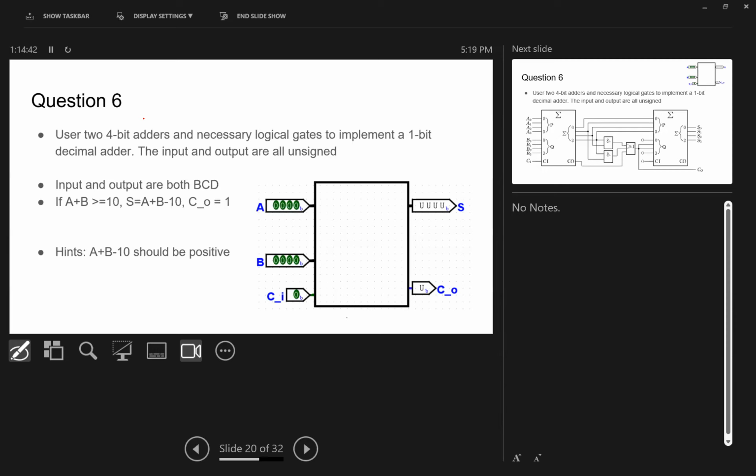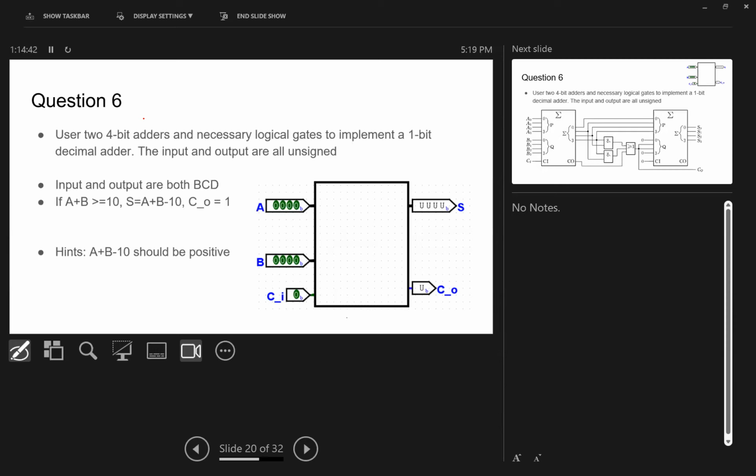And the summation result should be A plus B minus 10 times S. Is it clear?